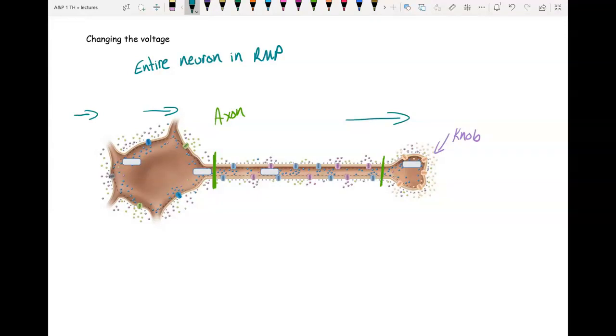So at the start, at resting membrane potential, you are at -75 for the inside of the axon. And you have most of your sodium outside, and you have most of your potassium inside. In order to have that action potential on the axon, you have to move the ions in and out. So sodium will move in, and potassium will move out.